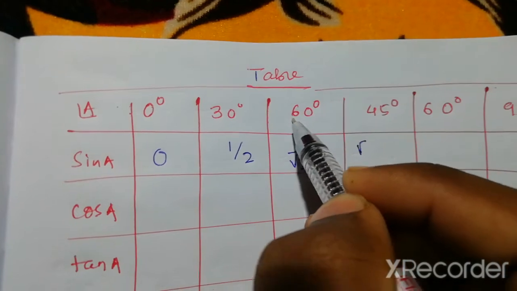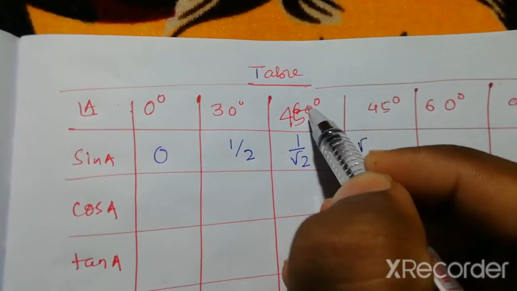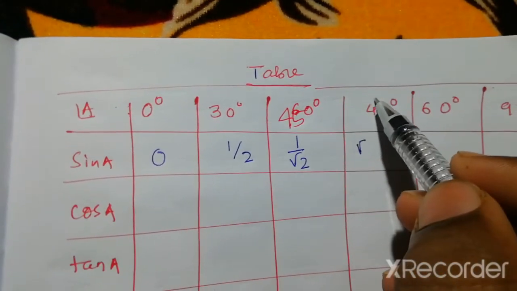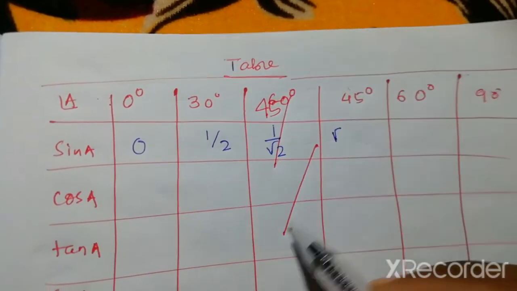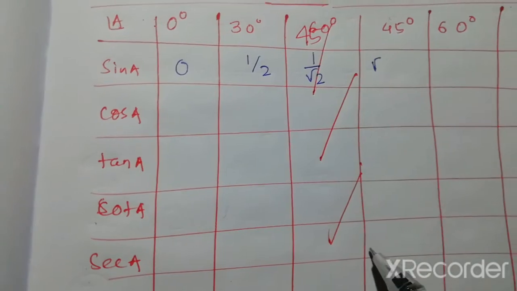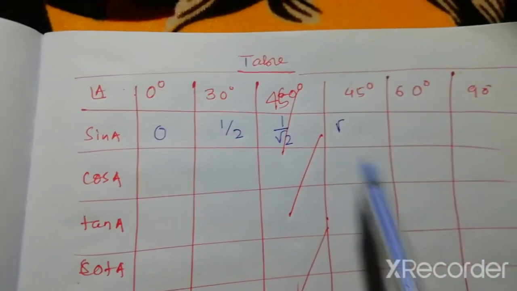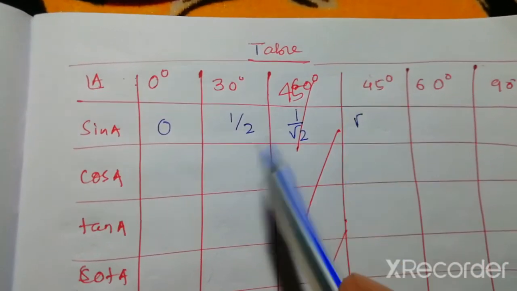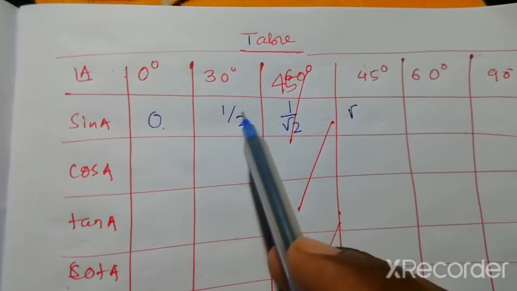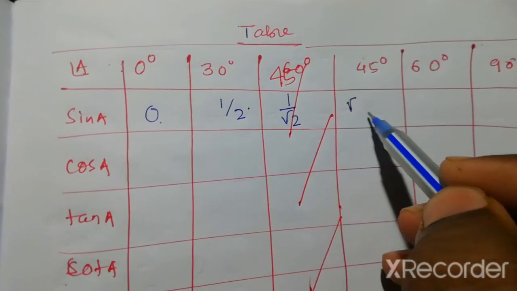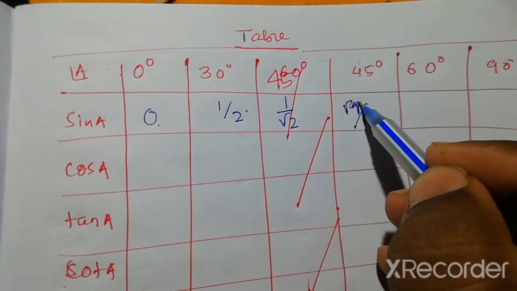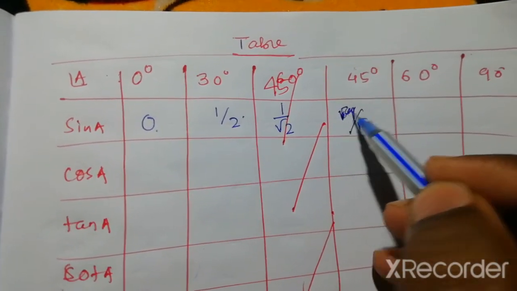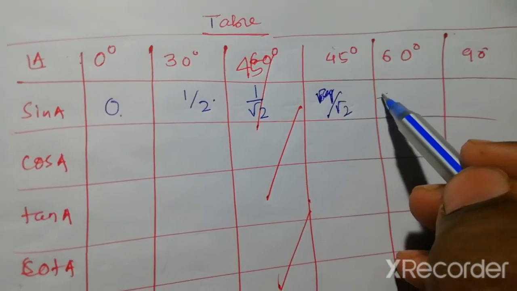This one is 45 degrees, and this one is, look, this table you cut it down. Look, because of repetition at 45: 0, half, this one is 1 by root 2, and this one at 60 is root 3 by 2.